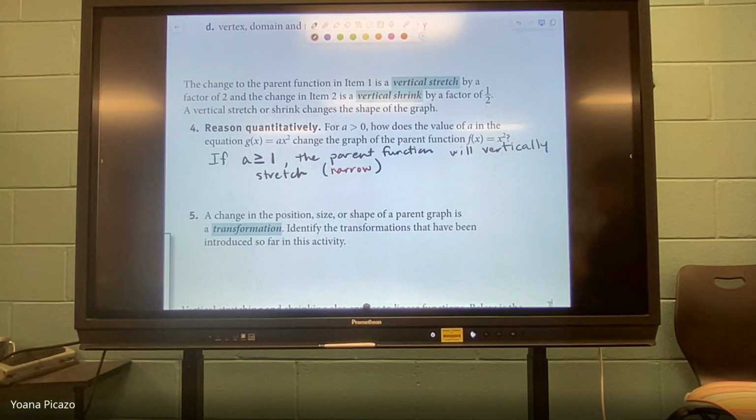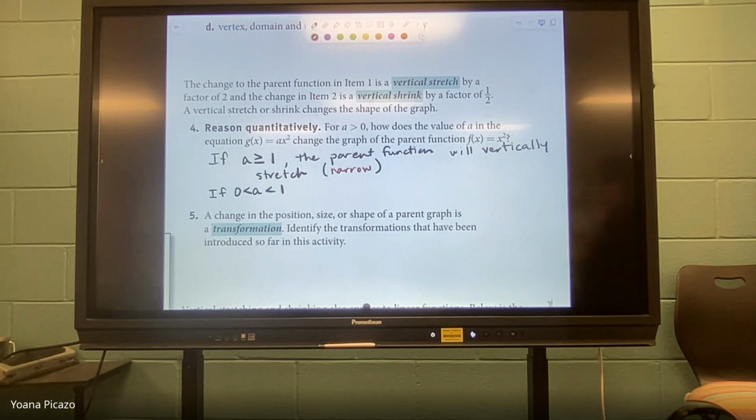Okay. Now, if a is greater than 0, so it still has to be positive, but it has to be less than 1.